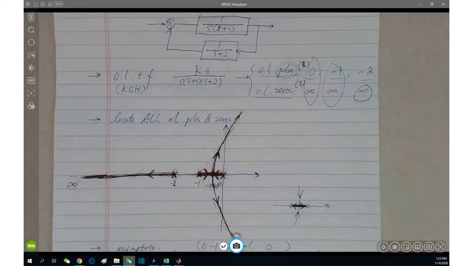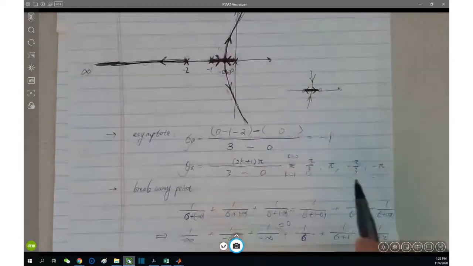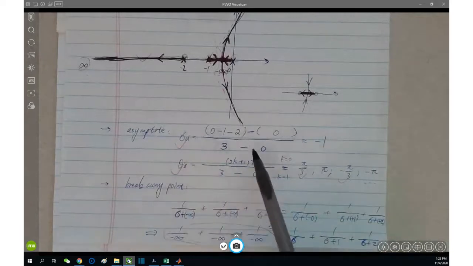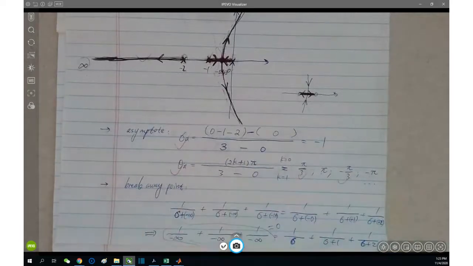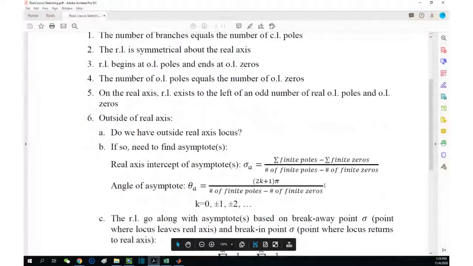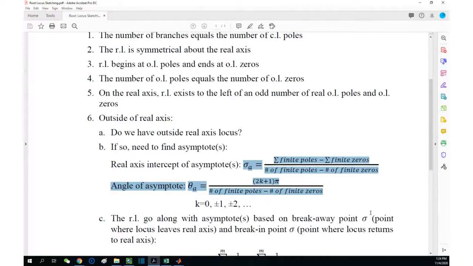Because this number is useful for you to find what? Remember, asymptote. The denominator here is a number. For these two asymptote equations, you need the number of open loop finite poles and the number of open loop finite zeros.